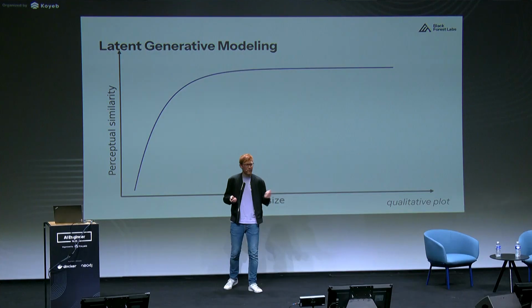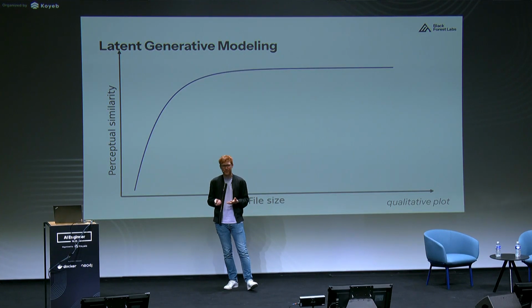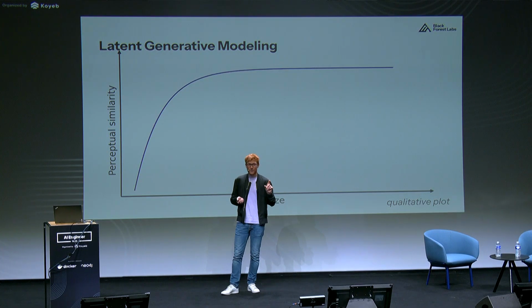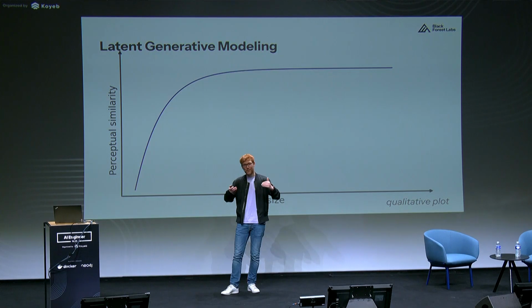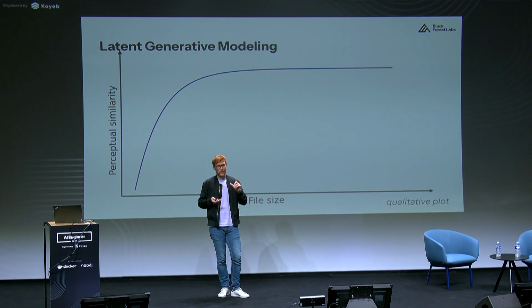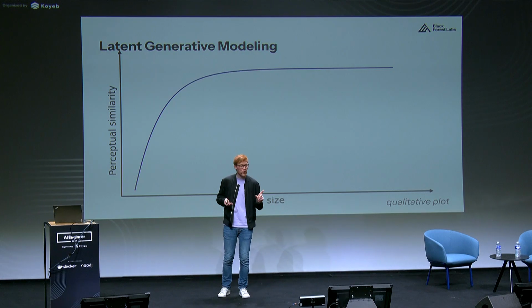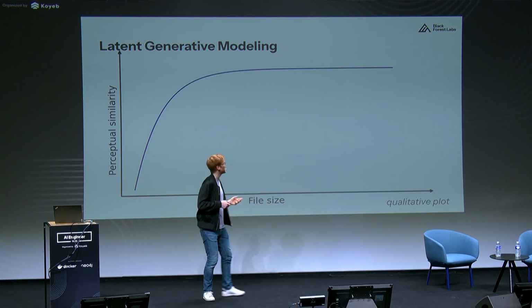You might ask, what does this have to do with generative modeling? It actually has a lot to do with it, because it shows us that when we train the model on a perceptual signal, like an image, for that image to look real, you don't need to model all the high frequency, imperceptible details.